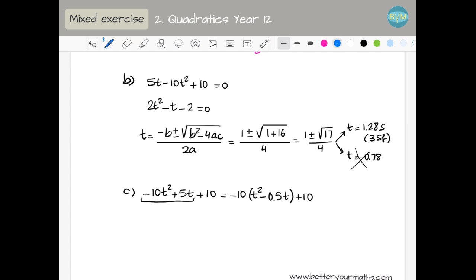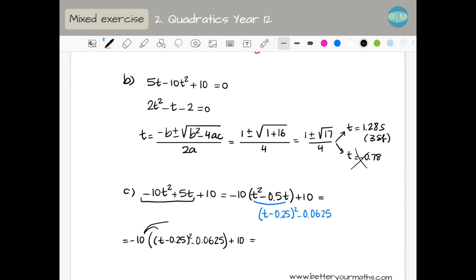I'm going to complete the square with this bit, so I have t minus half of that, 0.25, squared, and minus 0.25 squared, which is 0.0625. I substitute back here, and I have minus 10 multiplying the bracket t minus 0.25 squared minus 0.0625, and then the plus 10 at the end.